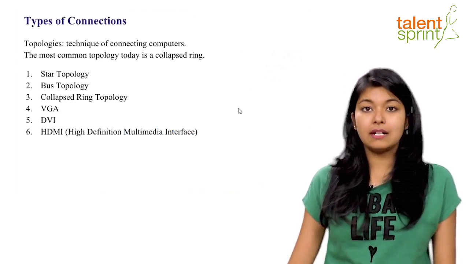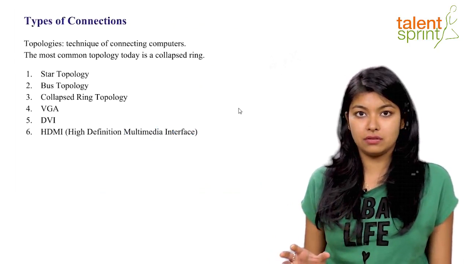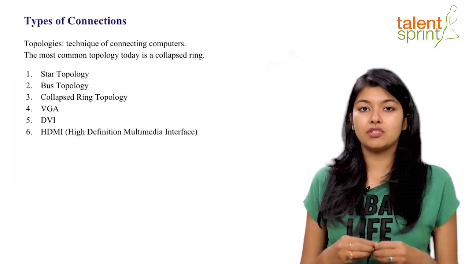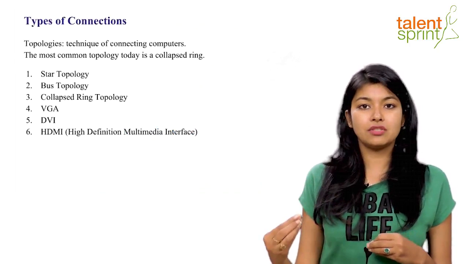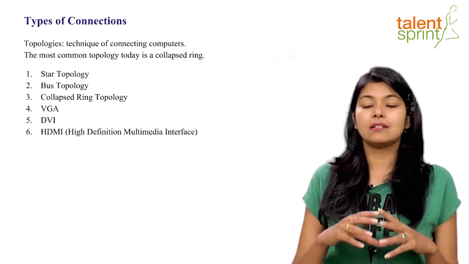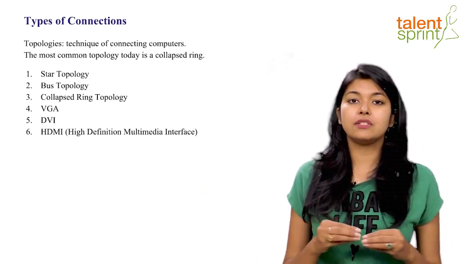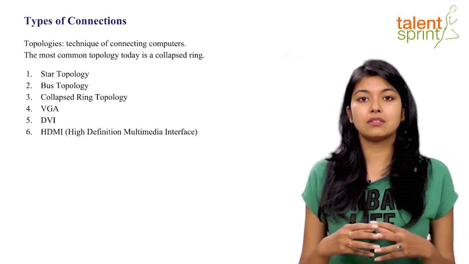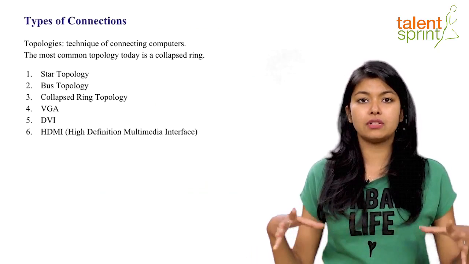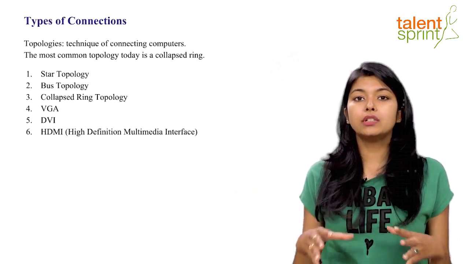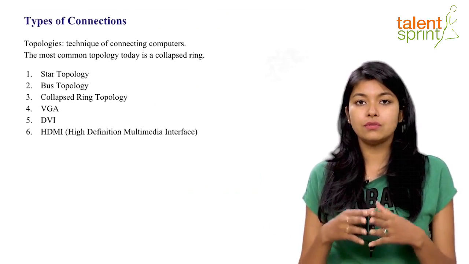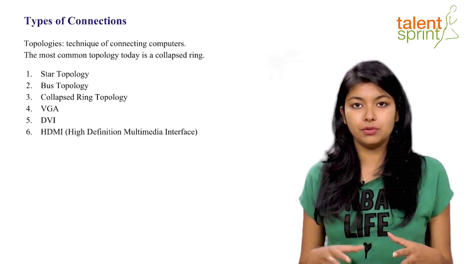Now moving on, there are different types of network connections. The way in which your machine is connected to the other machine is known as a network connection. The terminology we use to define this connection is topology. So if you are on a local area network, what topology are you using to connect to different computers?